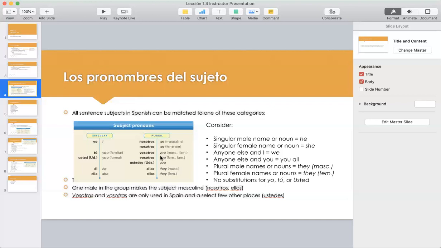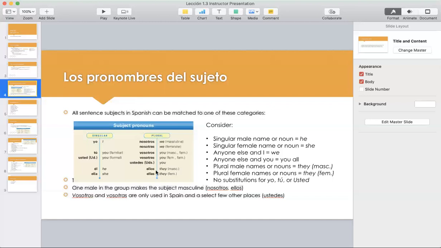Now, in our case, since we're learning the Spanish of the Americas, ustedes is the only one we're going to use, and it's informal and formal at the same time. So whether we use it in one situation or the other, we're still using it correctly.